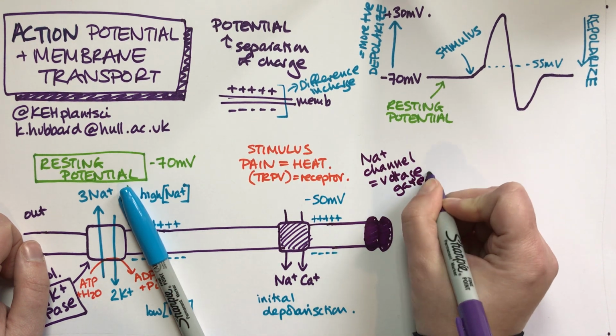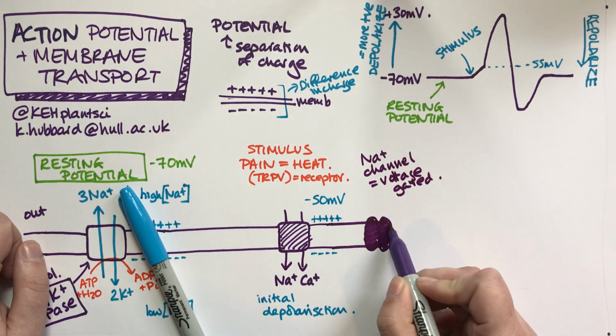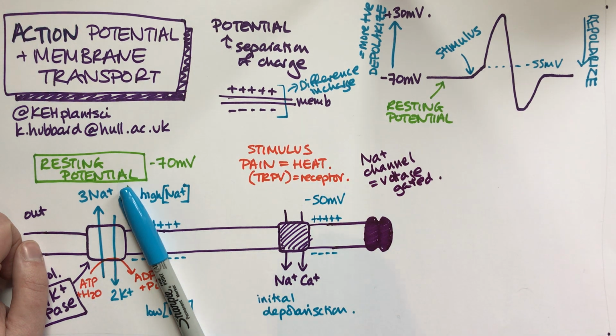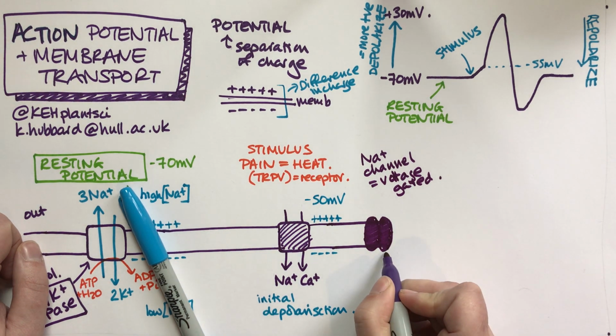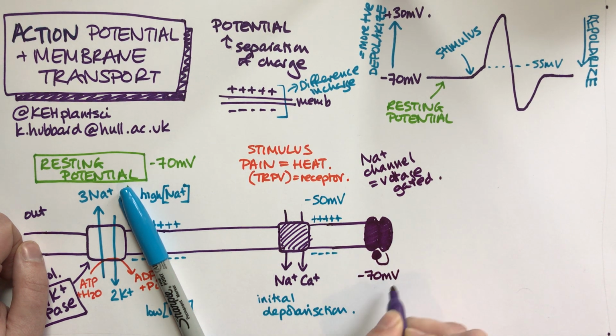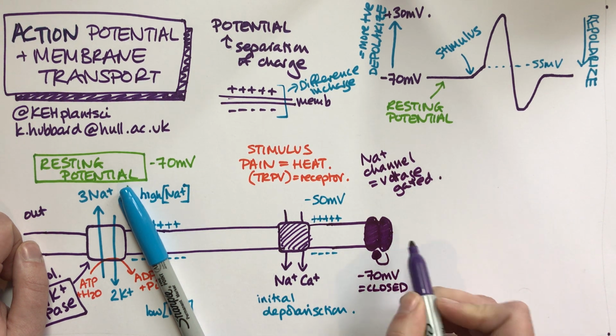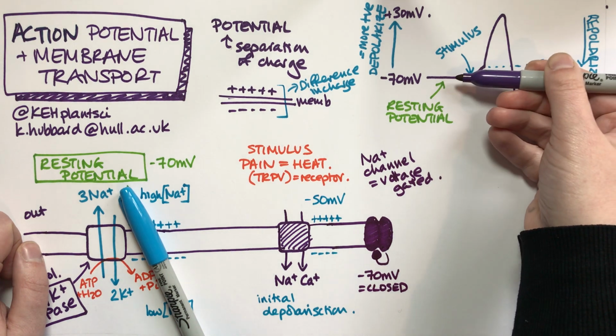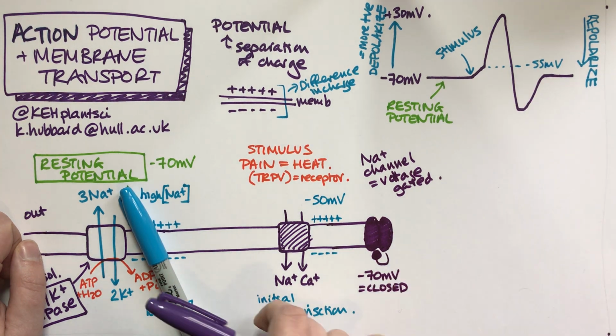So that means it's regulated by the charge on the membrane. So when this protein is at minus 70 millivolts, it's closed. Okay, so it's closed at minus 70. It's closed during the resting phase.